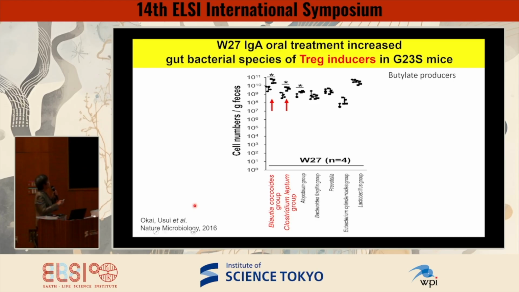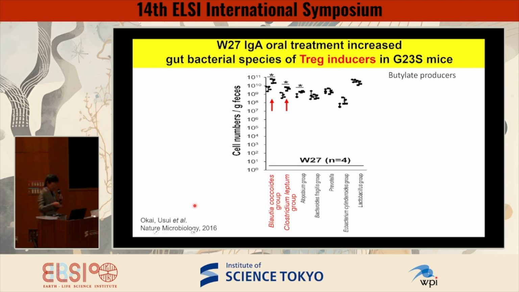And now many researchers know that butyrate is a very good inducer of Treg cells in the colon. So actually, W27 did not bind to this kind of beneficial butyrate producer.